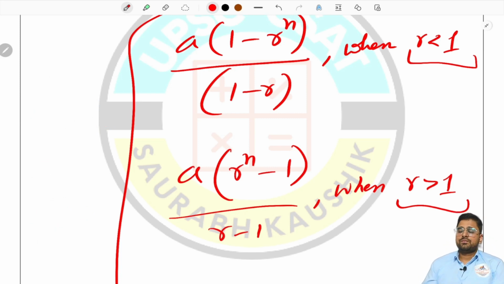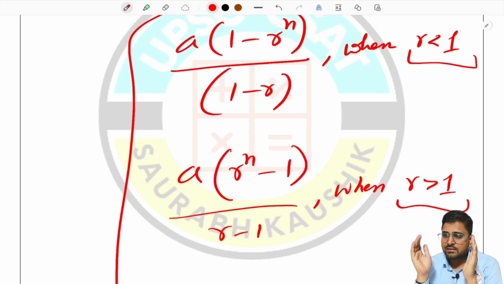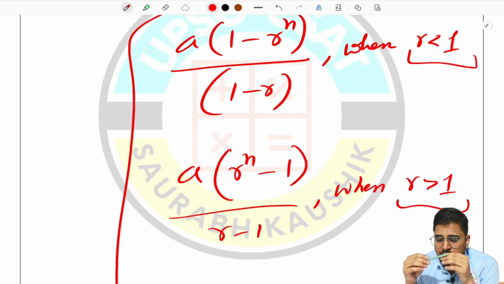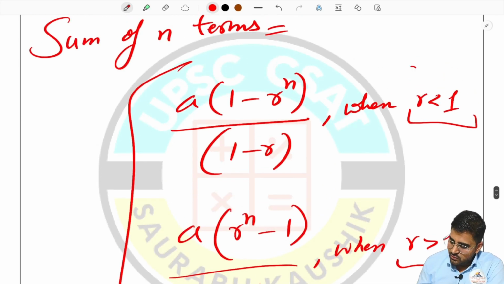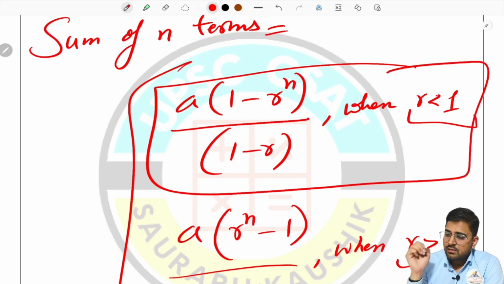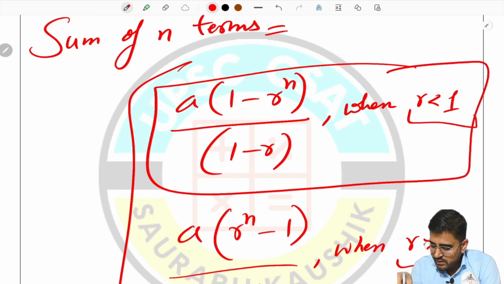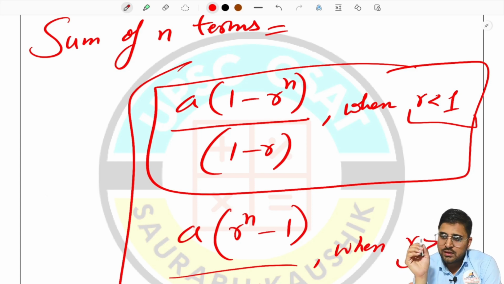When you keep your mind calm and think like this, when you take the common ratio, if it is in points like 0.7, 0.6, 0.5, 0.01, then your GP will be calculated from the first formula, where 1 is dominant, because the ratio is under 1.